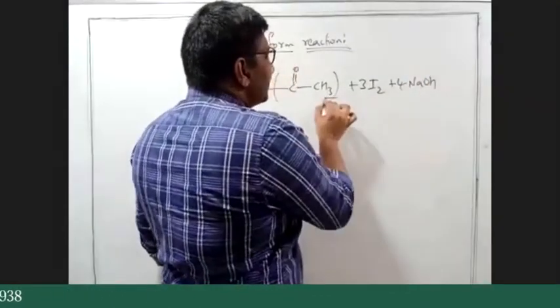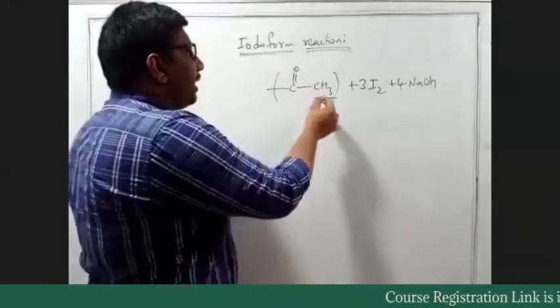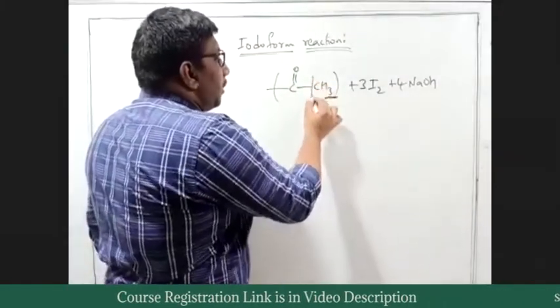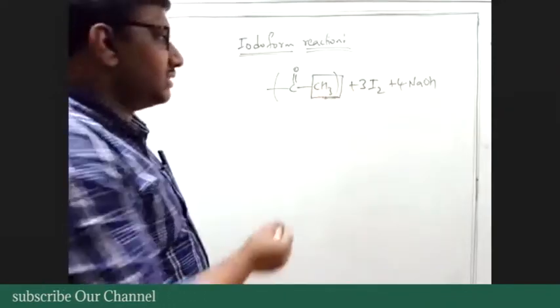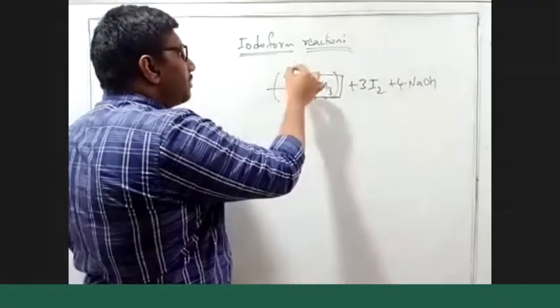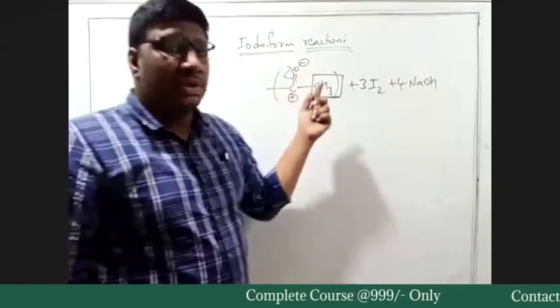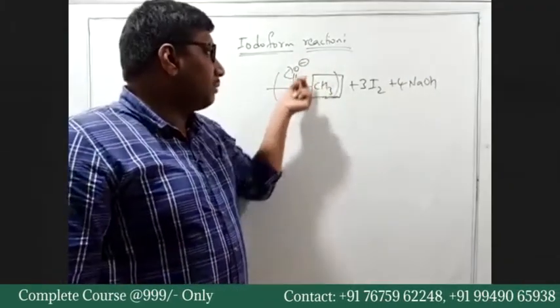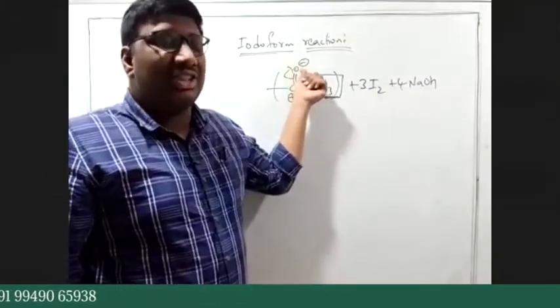All 3 hydrogen atoms of the alpha carbon are replaced. Why the hydrogens on this carbon? Because we have a carbonyl group with partial positive and partial negative charges. In C double bond O, carbon gets partial positive and oxygen gets partial negative.